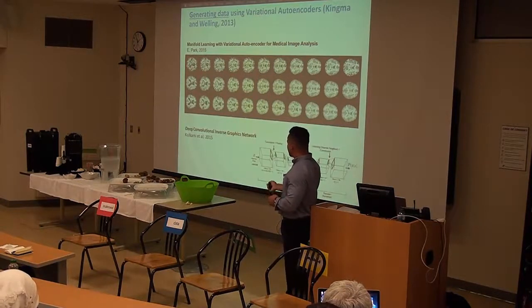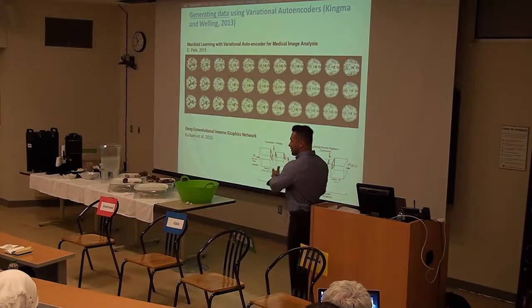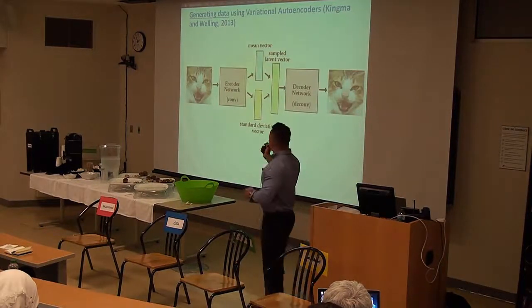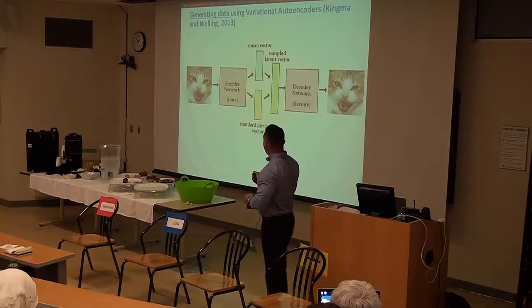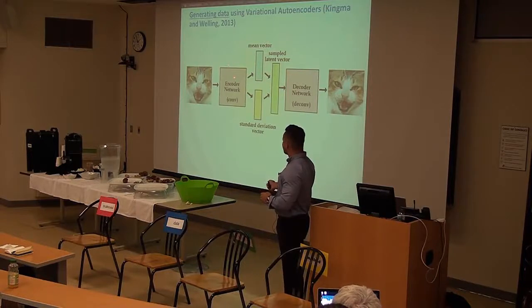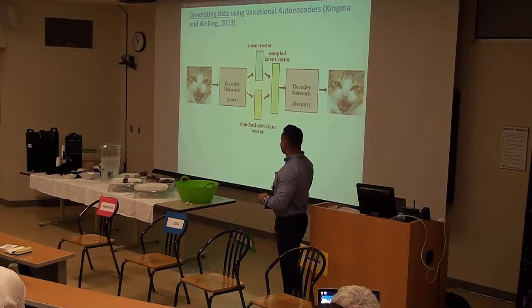The network that he used looks like this, but of course, I don't expect you to even be able to read it because this is a very small diagram, very abstract, so I'm going to explain it with cats. A variational autoencoder is composed of two parts. On one hand, we have the encoder, and on the other, we have the decoder. The task of the encoder is to predict a latent or hidden variable, but this variable is stochastic.